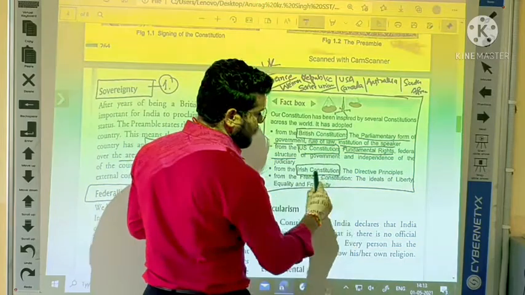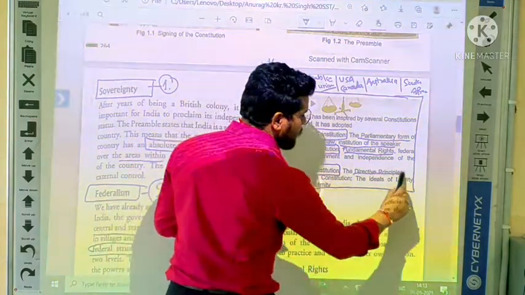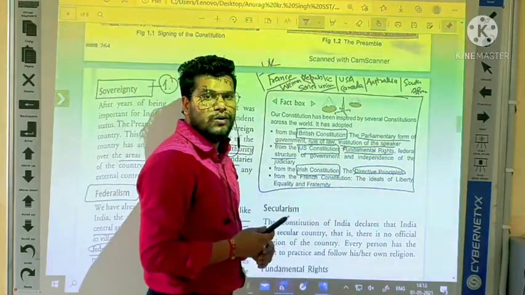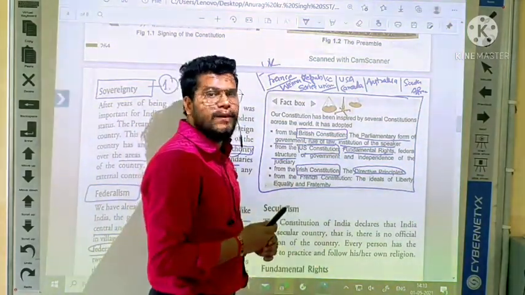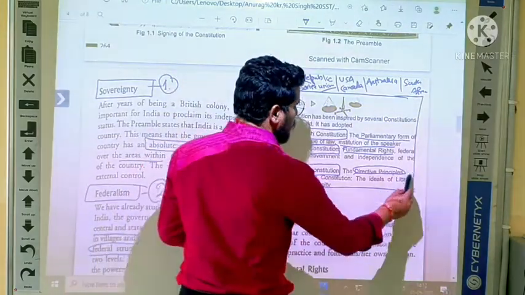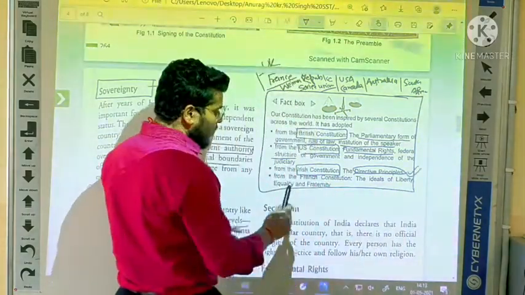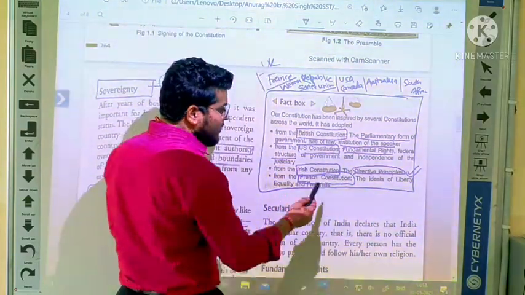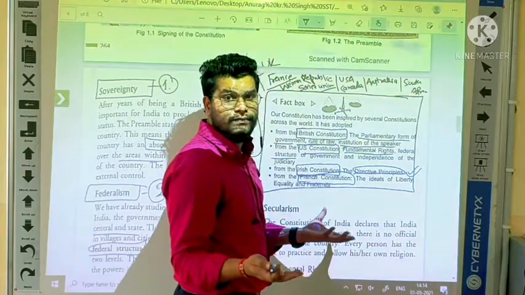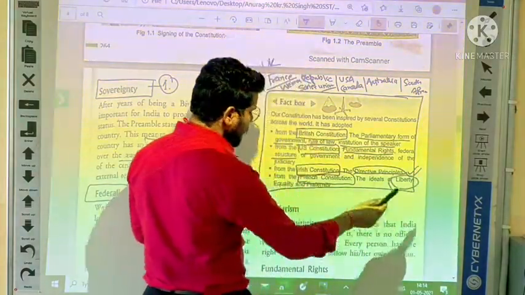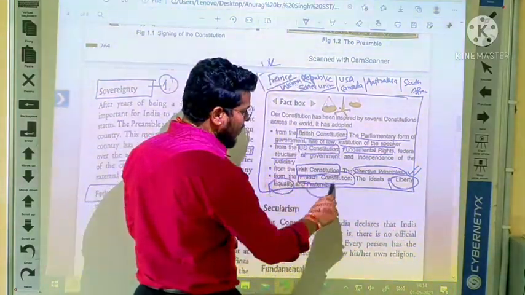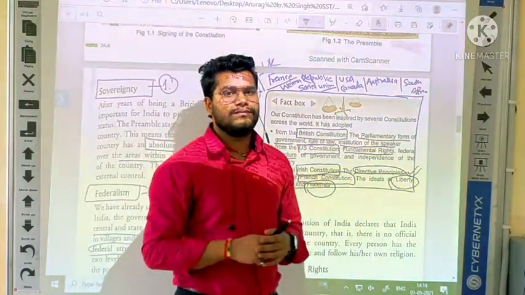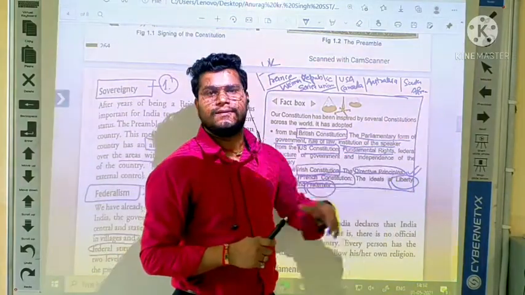From the Irish constitution we took directive principles, the guidelines of a state by the constitution. All these are mentioned here. From France, we took the ideas of liberty, equality and fraternity.